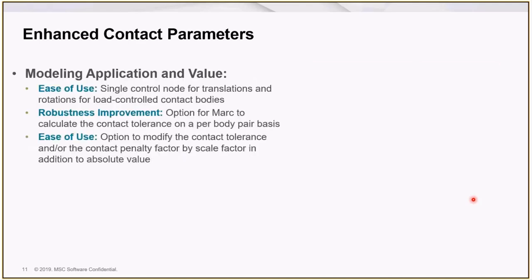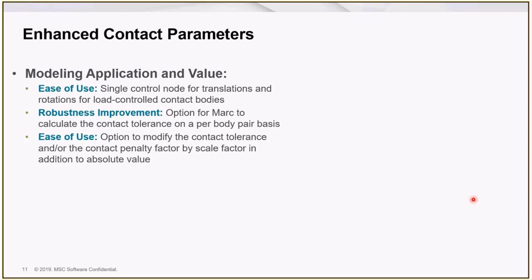The third category in Smarter Solve is the enhanced contact parameters. We think a number of customers are going to be quite excited by these. We did some things regarding ease of use, particularly around load-controlled contact bodies. Before, you used to have to use two nodes, one for translations and one for rotations, to define the loading on those load-controlled contact bodies.